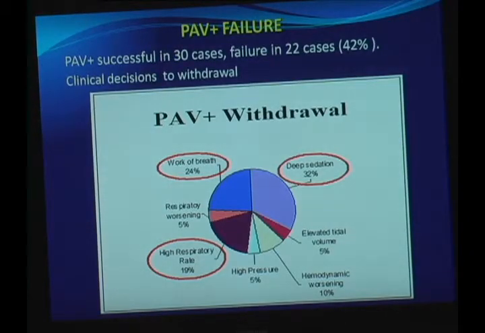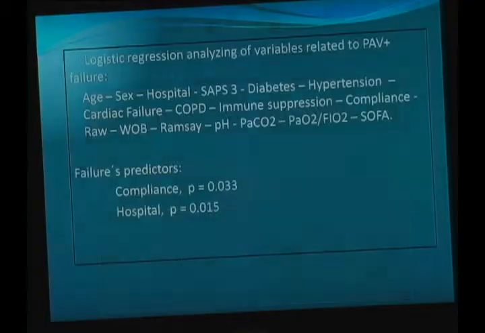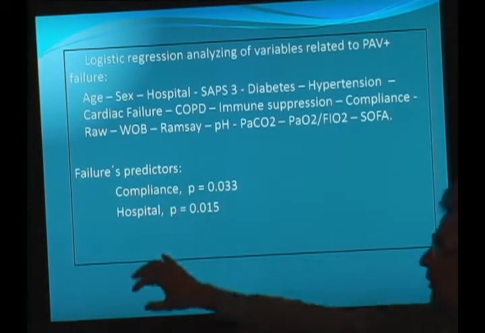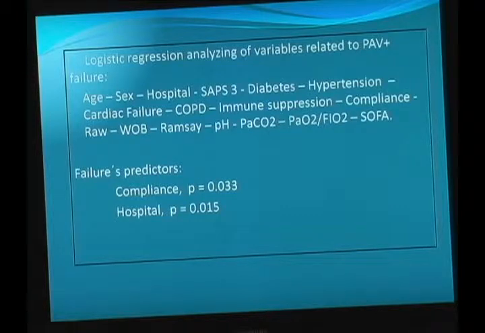So then we tried to find some answers for that, and we did a logistic regression analysis of variables related to failures, let's say why these patients fail. With all these variables, age, sex, hospitals, the only failure predictor that appeared was compliance. That means even though we selected patients without terrific compliance, the worst compliance also behaved worse and needed to abandon PAP more frequently.